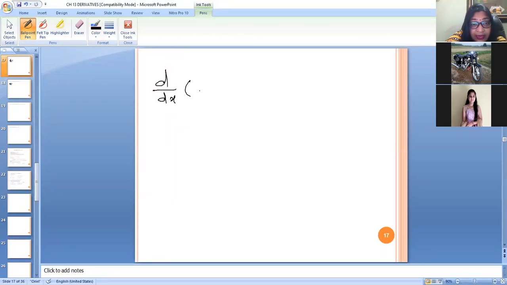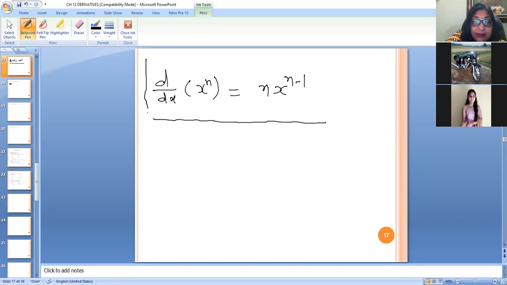Whenever you have to find the derivative of x raised to power n, it will be n times x raised to power n minus 1. You multiply by the power and subtract 1 from the power. Keep this formula in your mind, and then it will be very easy to write the derivatives of functions.